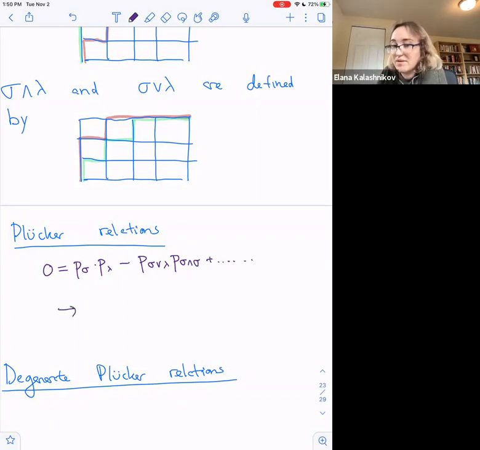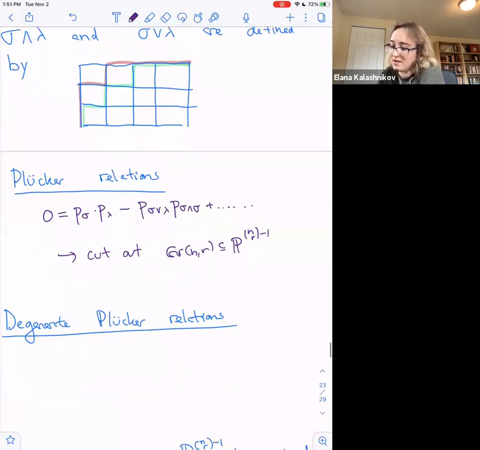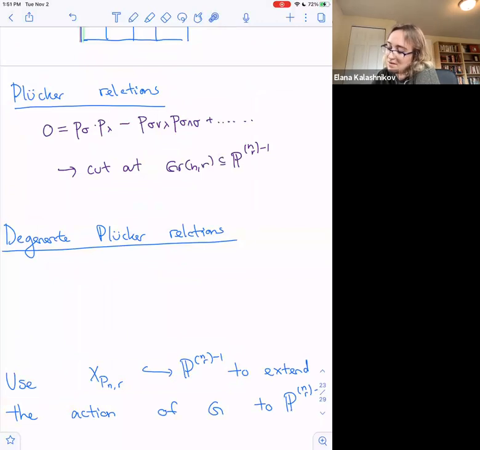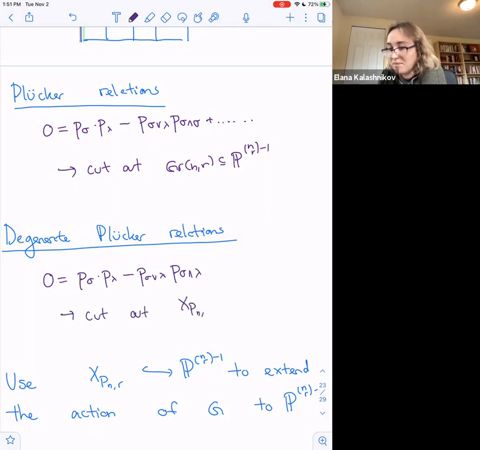If you take all of these Plücker relations, you cut out the Grassmannian Gr(r,n) inside this projective space. And then if you scale all of these other terms to 0, so you just have the degenerate Plücker relations left, these guys where you just have the first 2 terms, then this cuts out X_{P,n,r}.